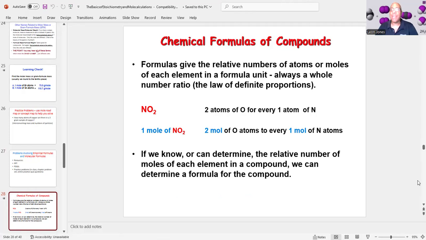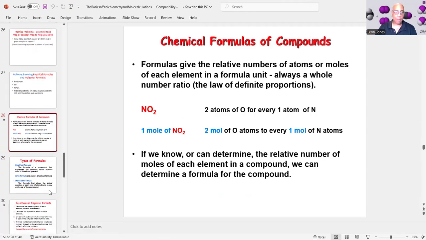It's called nitrogen dioxide gas. 1 mole of it has 2 moles of oxygen atoms to every 1 mole of nitrogen atoms. So if we know or can determine the relative number of moles of each element in a compound, we can determine the formula of the compound.